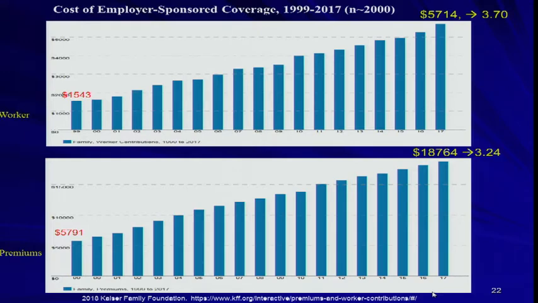But for now, $5,700. I believe for a family that's about the number. The increase is about 3.7 times. But the employer paid about $6,000 at that time, and now about $18,000. The increase is 3.2 times. Looks like the worker pays more compared to the employer: 3.7 times versus 3.2 times.